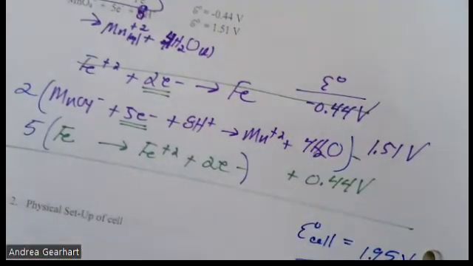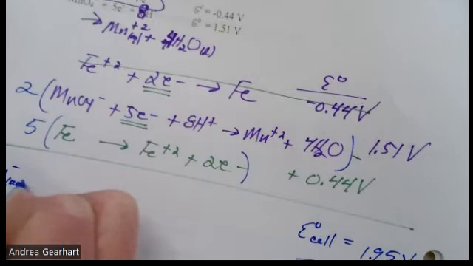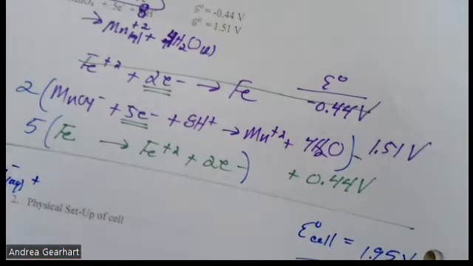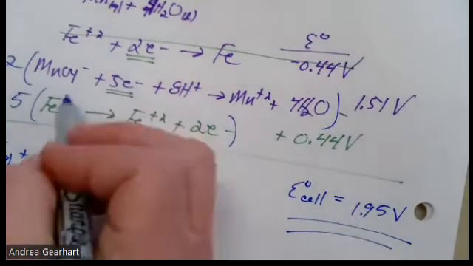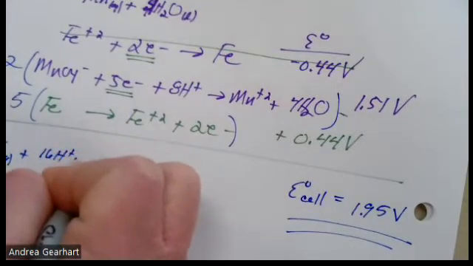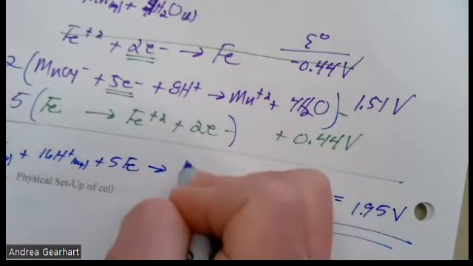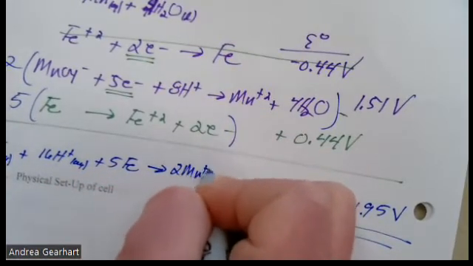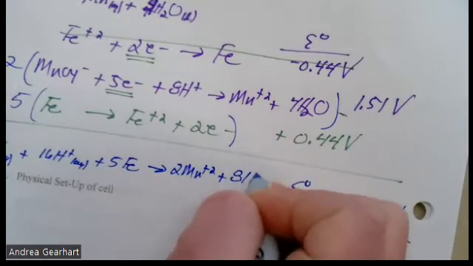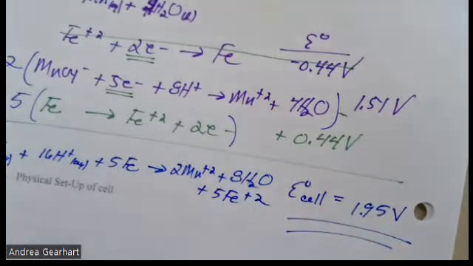But then for our balanced equation, we would have 2 MnO4 minus, I can't help but go ahead and share phase symbols, although not required of you, plus 16 hydrogen ions, plus 5 Fe yields 2 Mn +2, plus 8 waters, plus 5 Fe +2.